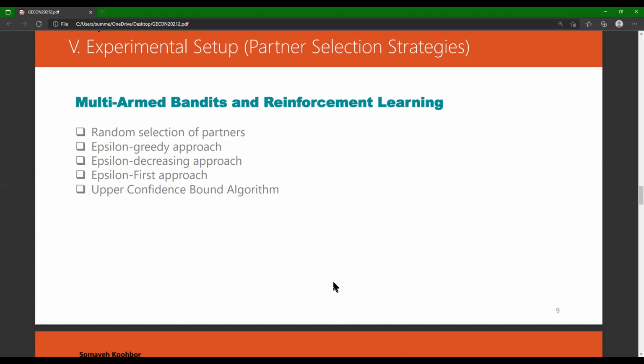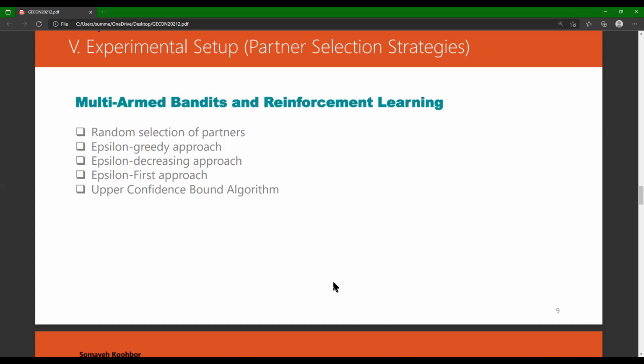And finally, upper confidence bound algorithm, which was very successful in our case. We are trying to do exploration and exploitation, but the whole idea of this algorithm is that we are trying to create a confidence bound around each option that we have. This confidence bound has a direct relationship with the number of times a partner will be selected.